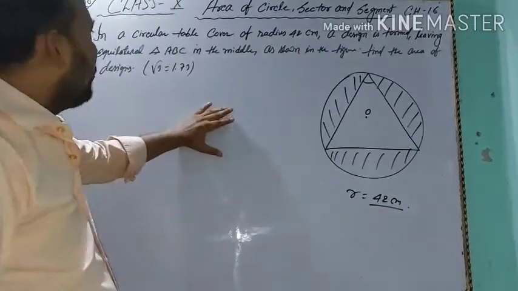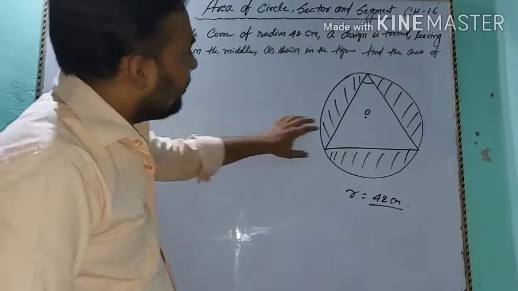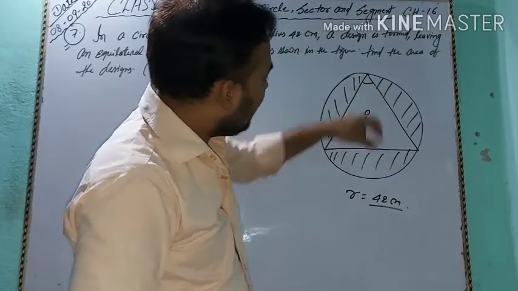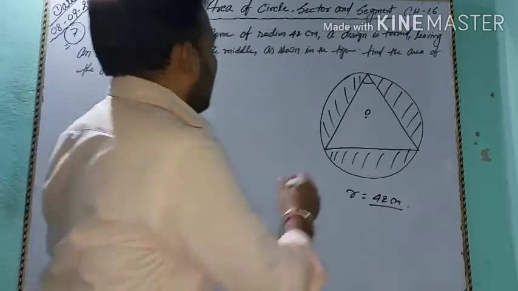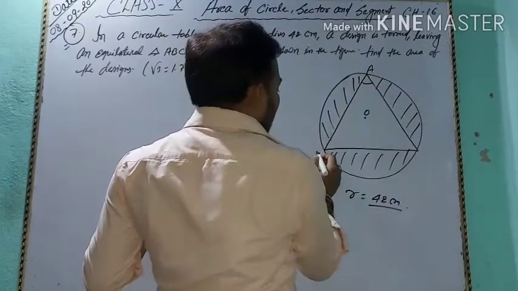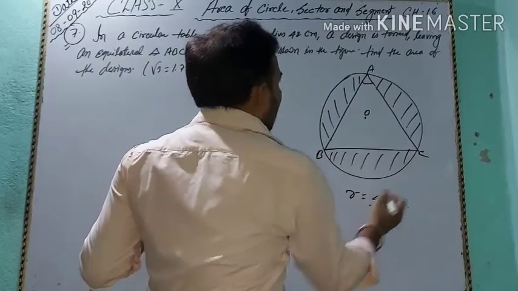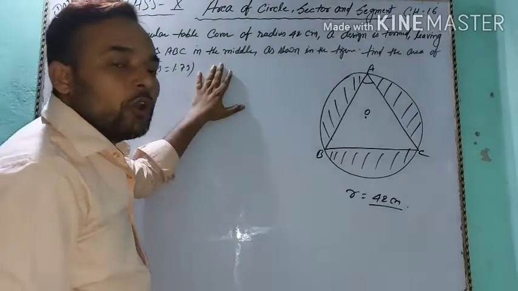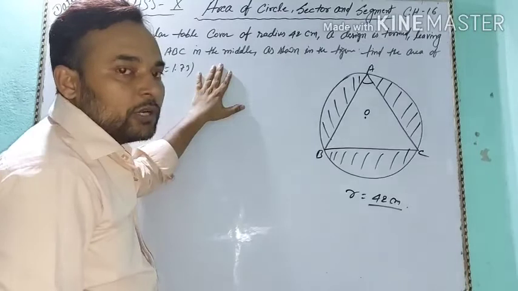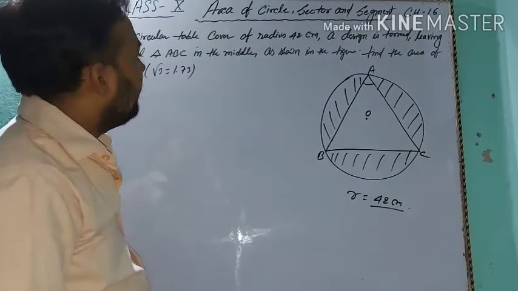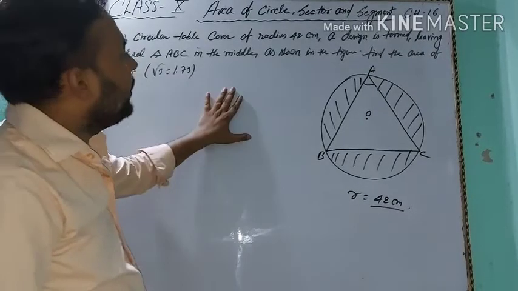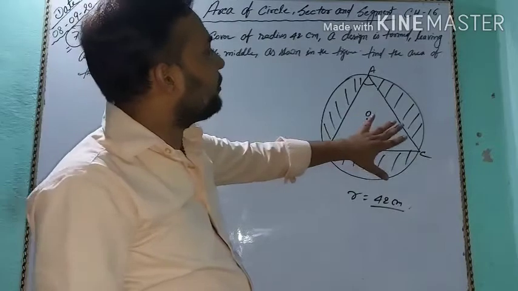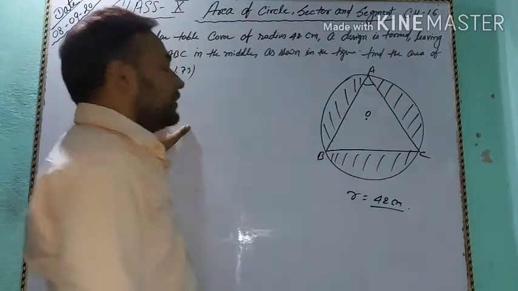An equilateral triangle ABC in the middle of the design of the circular cover, as shown in the figure, जैसा कि इस फिगर में दिखाया गया. Find the area of the shaded design.